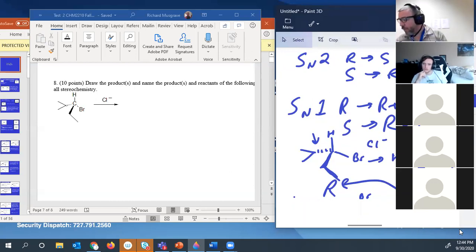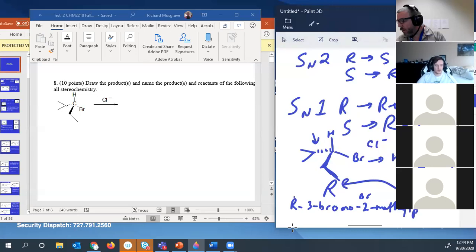So for the first one, I would name it R-3-bromo-2-methyl pentane. See, I just put the R out the front. And of course, the other one would be S-3-chloro-2-methyl pentane.